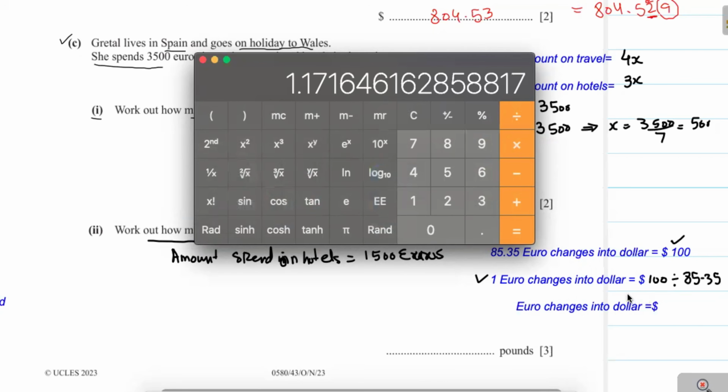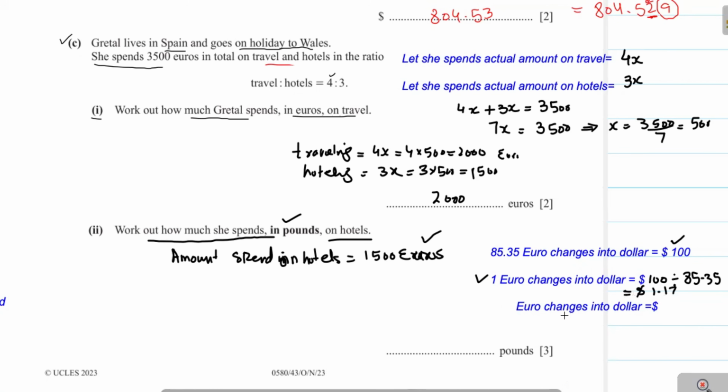We write here 1.17, and here is 1500 euro. Therefore 1500 euro will be equal to 1500 multiplied by 1.17, and this will be equal to 1757.46 dollars. We convert this into pounds.